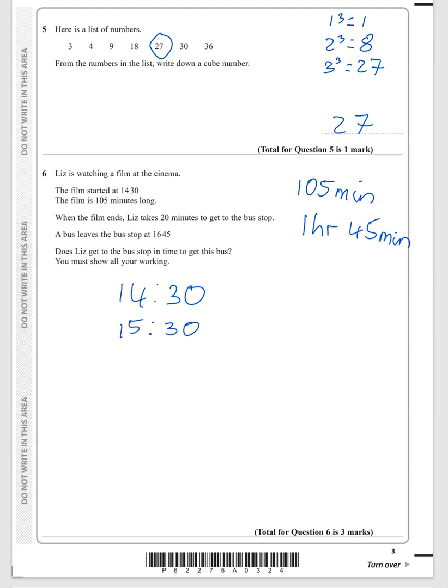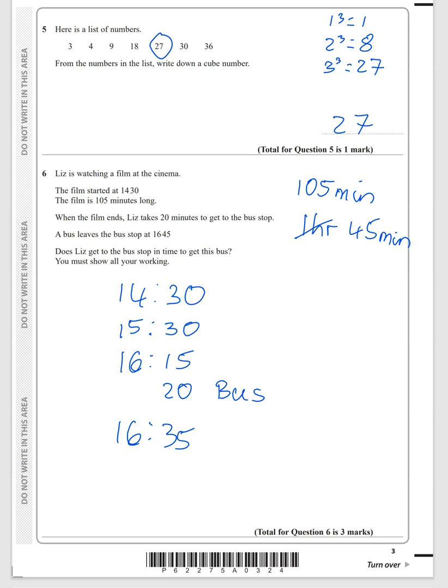Now add the 45 minutes on. That gives us 16:15. Okay. And she takes 20 minutes to get to the bus. So we need to add 20 minutes for the bus, which is 16:35.